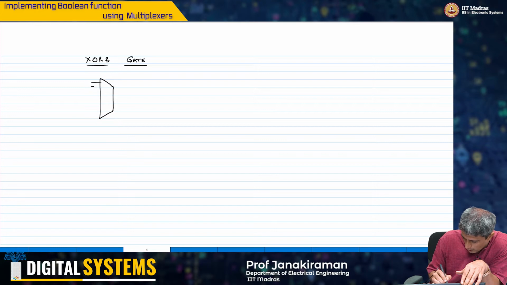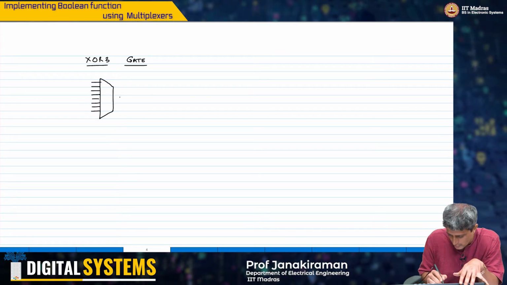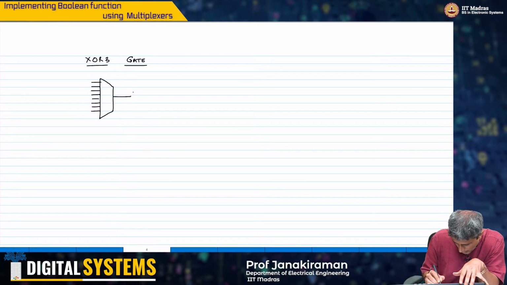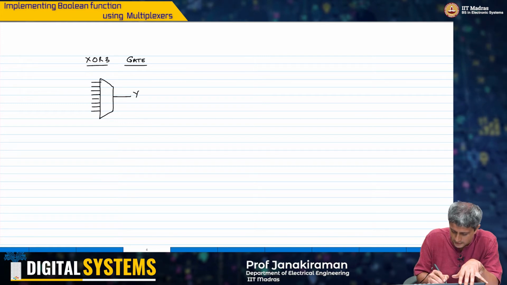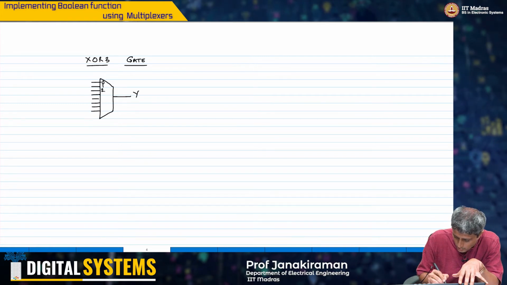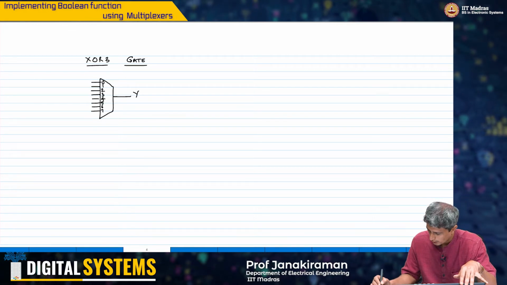okay, 1, 2, 3, 4, 5, 6, 7, 8, right? So I have my output y here, and these are 0, 1, 2, 3, 4, 5, 6, 7. So what are we saying now?